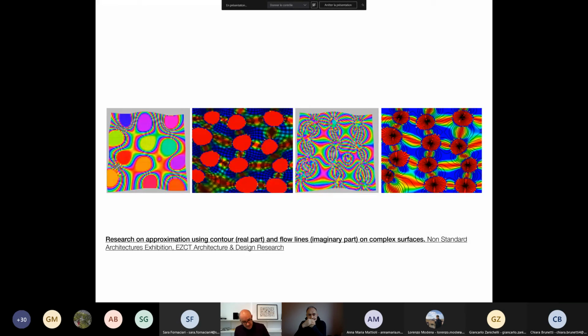But based on that, I kept being interested in the issue of pattern. So I kept working on that with Mathematica, and I started to be a bit more interested in the mathematical properties of surfaces.